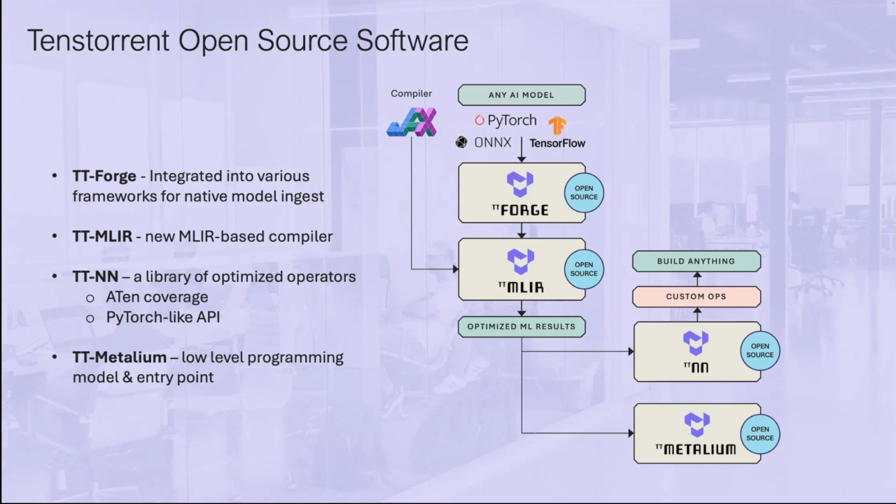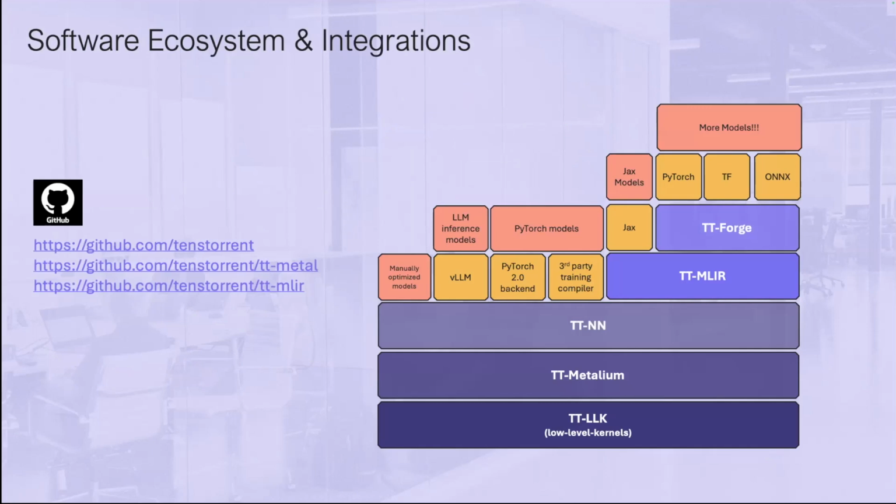And the nice thing that we have now is there's actually synergy between these stacks. So it's not three parallel stacks or even two parallel stacks. The MLIR work actually compiles down to the stuff that I was talking about at the Metalium level. We have a bunch of these software stacks, and the nice thing is that they're all open source.